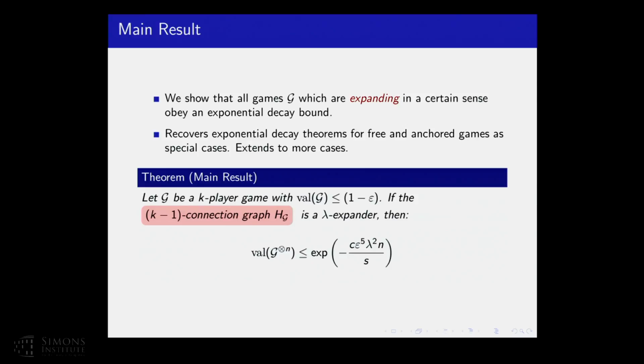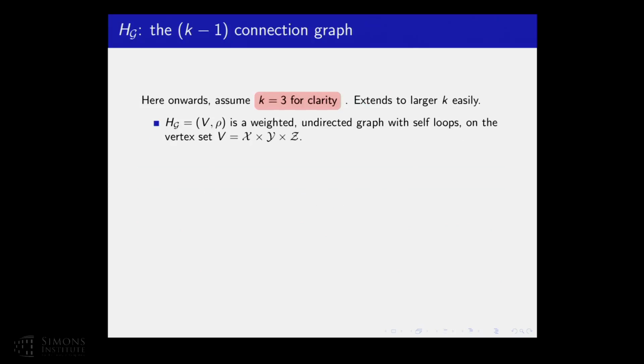So let me just describe next what this k minus 1 connection graph is. For the sake of clarity, just take k equal to 3, because this is the hardest case to move on from 2, and it will extend to larger k pretty easily. The vertex set of the graph is just the set of all possible question tuples.